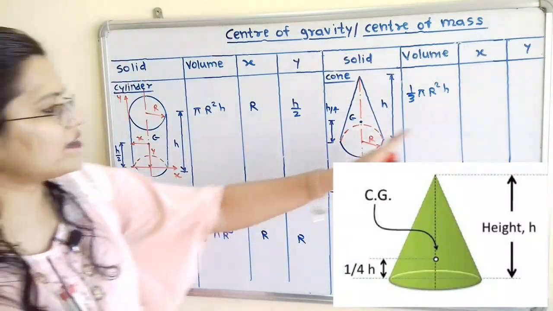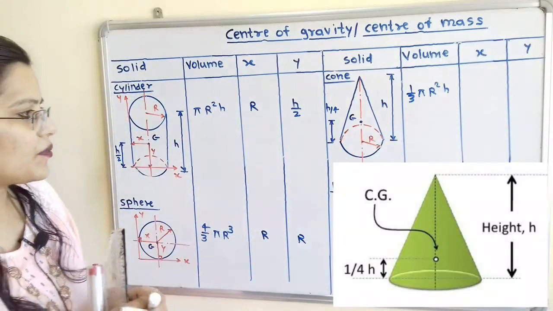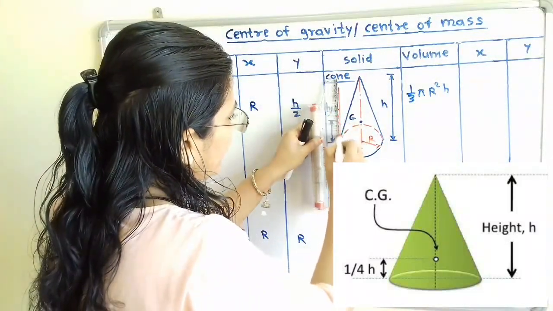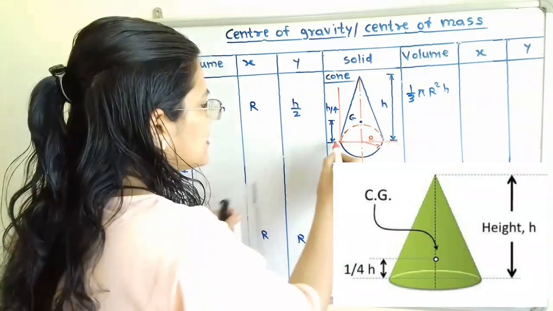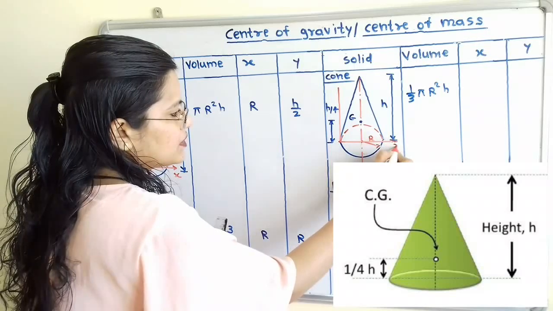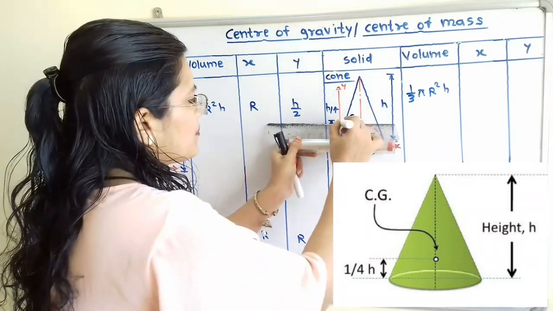Now how to find out x coordinate and y coordinate for this center of gravity? So again I will draw one vertical line, that is the y-axis, and horizontal line as x-axis. So this is the three-dimensional diagram and that's why I have drawn x-axis passing through the center. Now from this G, draw two perpendicular lines.